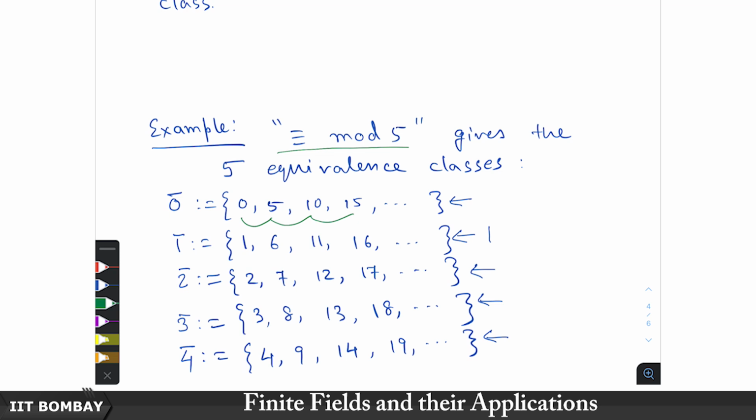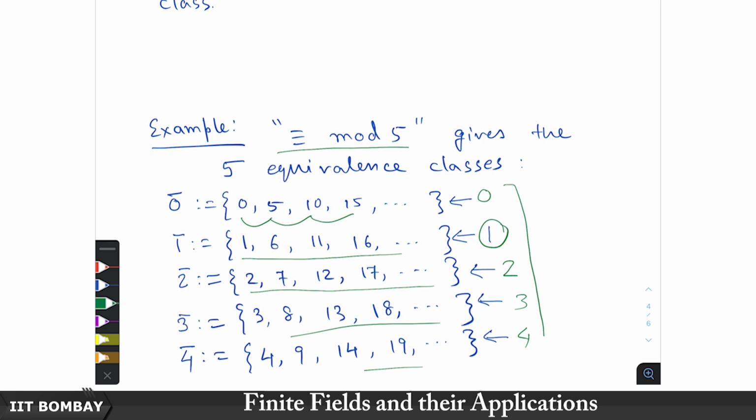Now, similarly, these numbers 1, 6, 11, 16, they all give remainder 1 when you divide them by 5. So, they are also related. Similarly, these give remainder 2 when divided by 5, these give remainder 3, these give remainder 4, and there are 5 possible remainders when you divide by 5.